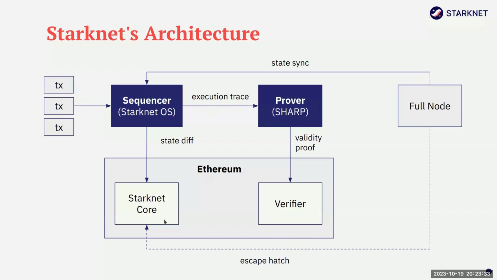The Starknet core contract allows for L1 to L2 interactions and L2 to L1 interactions. So the basic flow is that you have your L2 off-chain. Once you initiate a transaction, it is ordered and executed by the sequencer, and then execution traces are generated. Once the execution has been done, you have to generate proof. Remember, we're using validity proof.